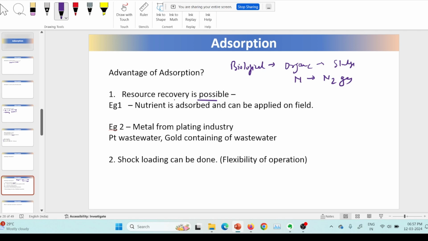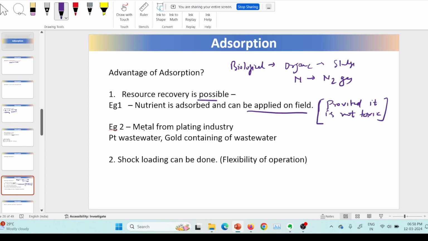Here, nutrient is adsorbed and can be applied on the field, provided it is not toxic, so we can recover the nutrients and put them in the field.